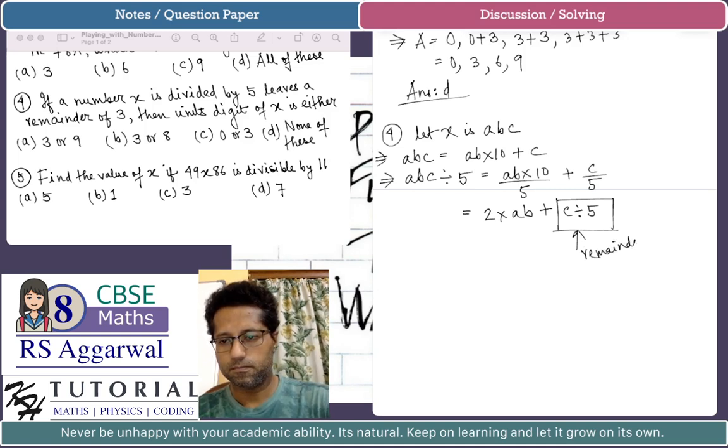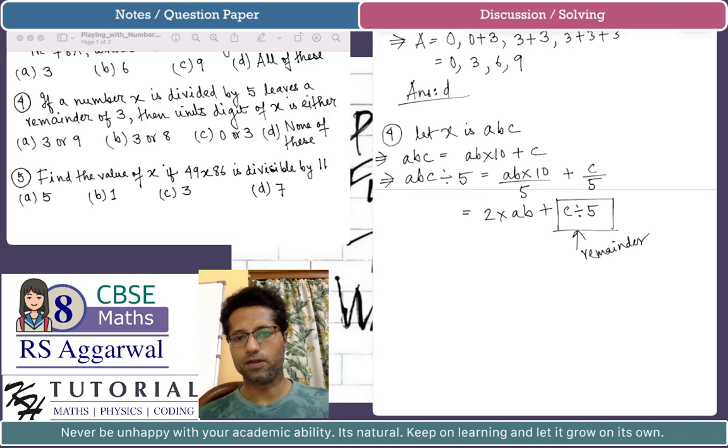If at all ABC divided by 5 leaves some remainder, that remainder must come from C divided by 5.